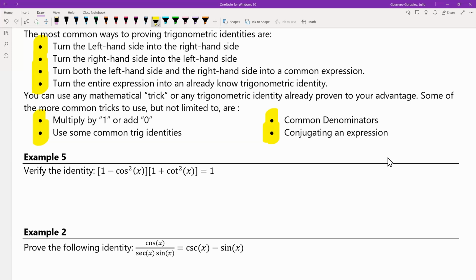We need to make sure that when we prove trigonometric identities, your arguments hold water. You can use any math you want, but the argument for why every step is the way it is, that's now on the table, if that makes any sense.